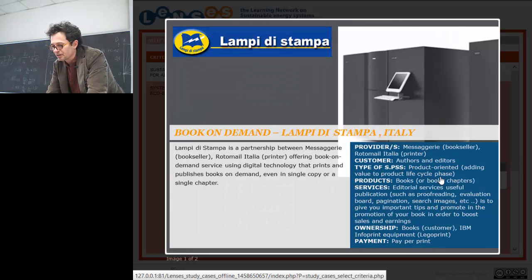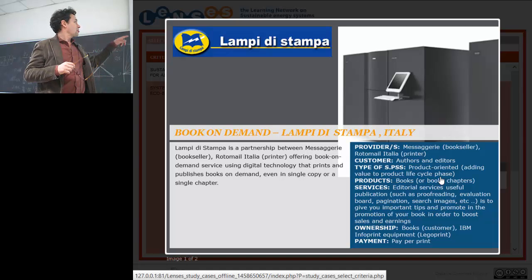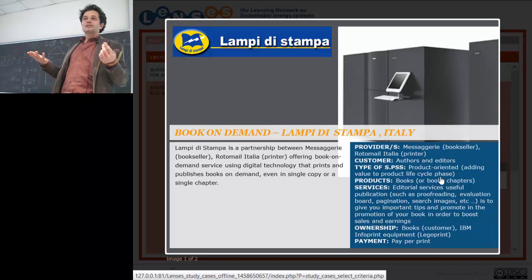It is a joint venture here in Italy, a partnership between Messaggerie, which is a bookseller, and a printer, Rotomail Italia. And they are using a technology that lets you print on demand.